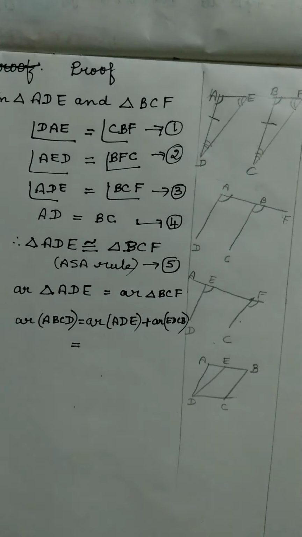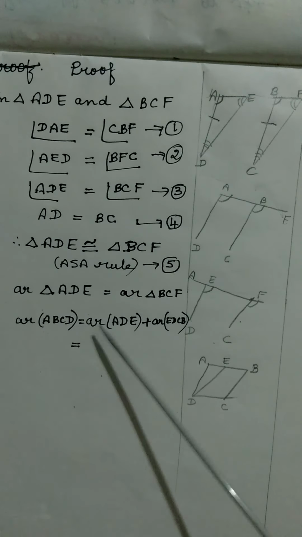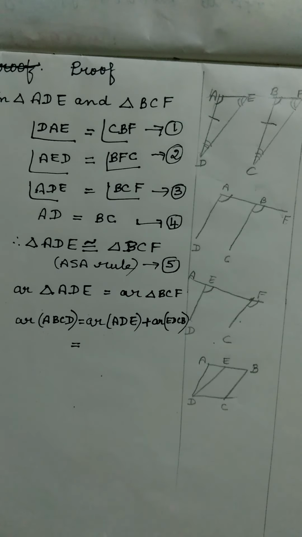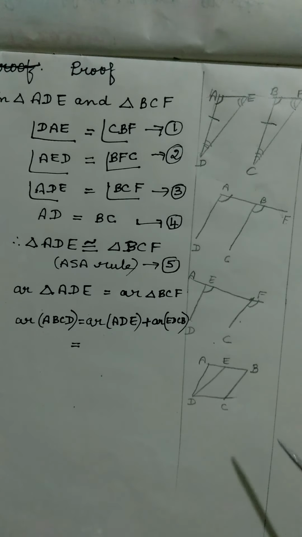So in the next step, we can write it as area of parallelogram ABCD is equal to area of triangle ADE plus area of parallelogram EDCB.